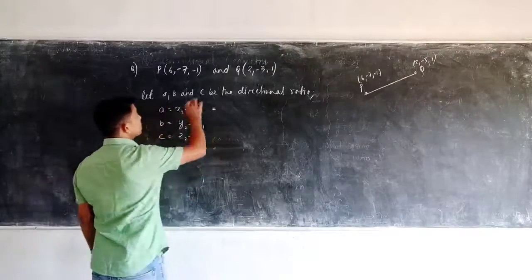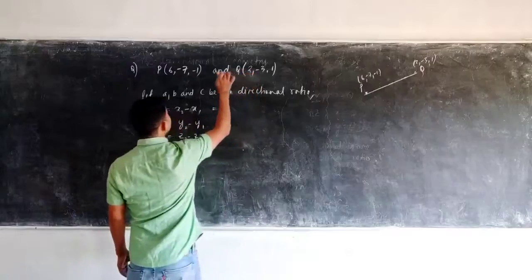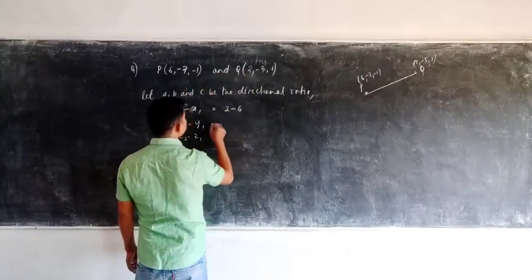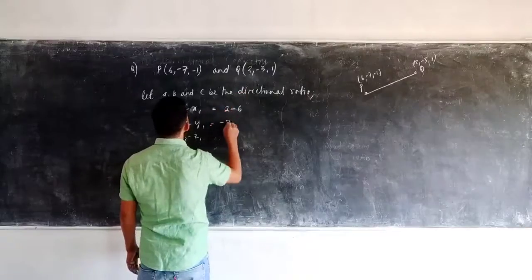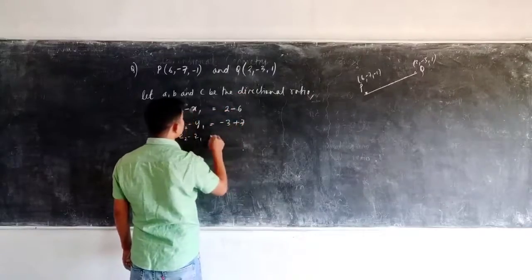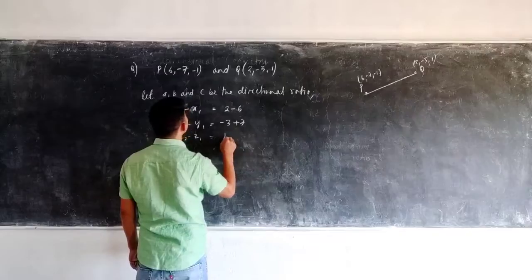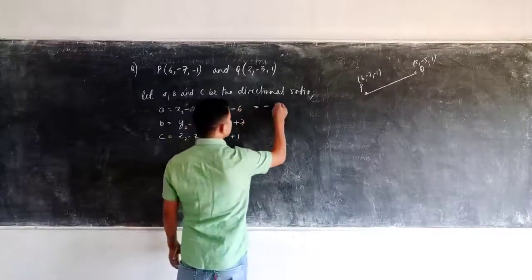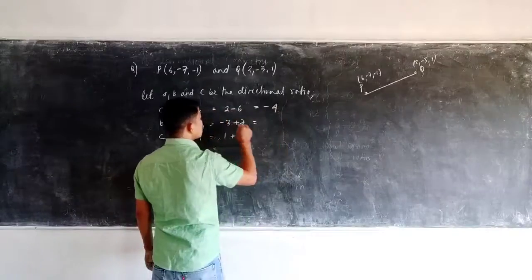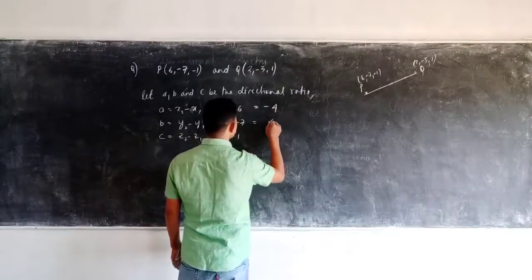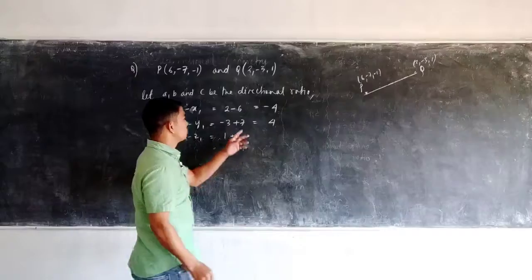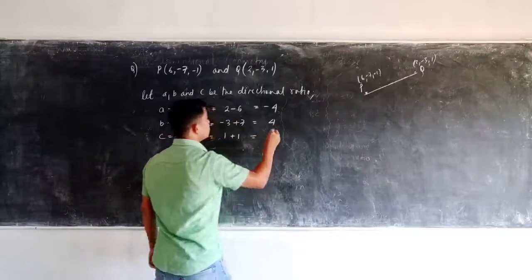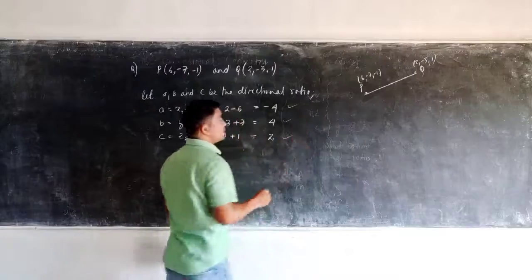If I take this one as x2 and this one as x1, it will be 2 minus 6, then -3 plus 7, and for z it is 1 plus 1. So this gives me -4, then 4, since 7 minus 3 is 4, and this gives me 2. So these are the directional ratios.